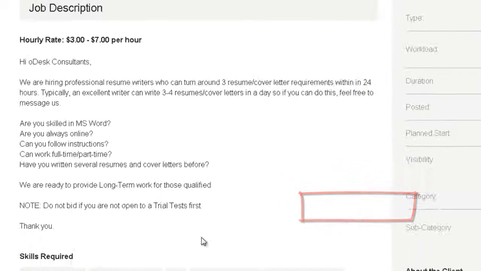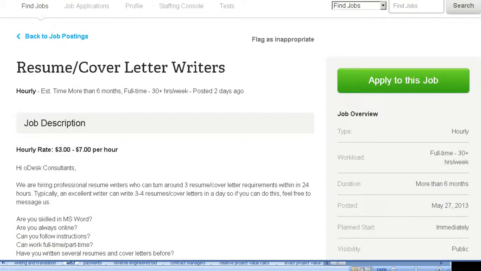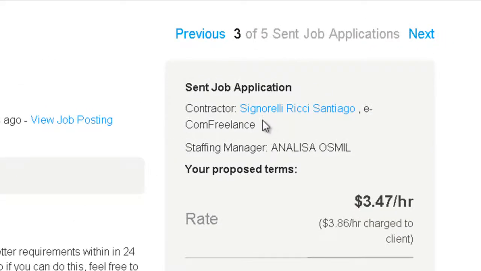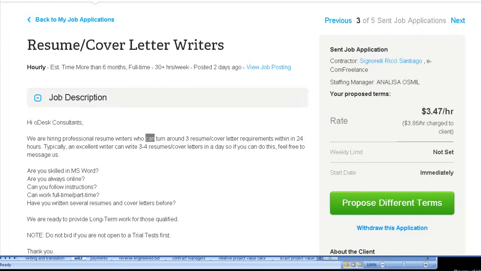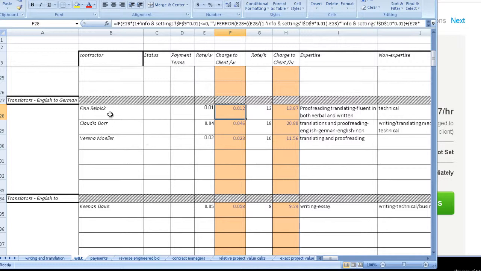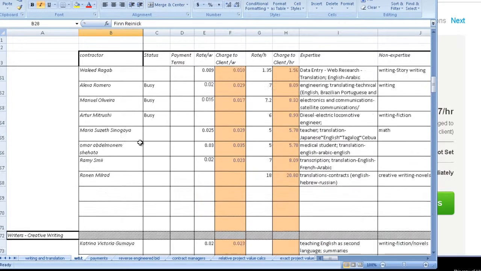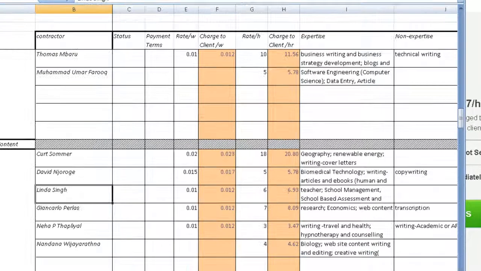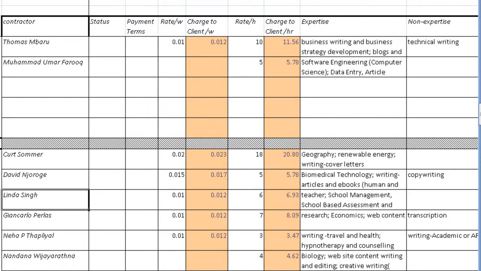And let me take one of the contractors as an example. Signorelli. Use him as an example of a low bid that you'll be able to raise in order to get a little bit extra, since the client is willing to pay a little bit more than what Signorelli would normally charge.